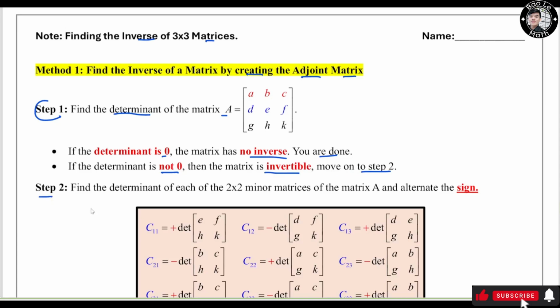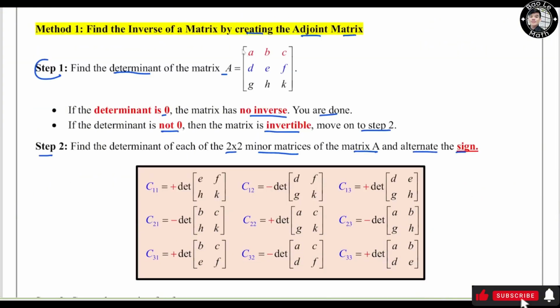Step number 2. Find the determinant of each of the 2 by 2 minor matrices of the matrix A and alternate the sign. Alright, so I'm going to start with the first element right here. This element is in the first row, first column.